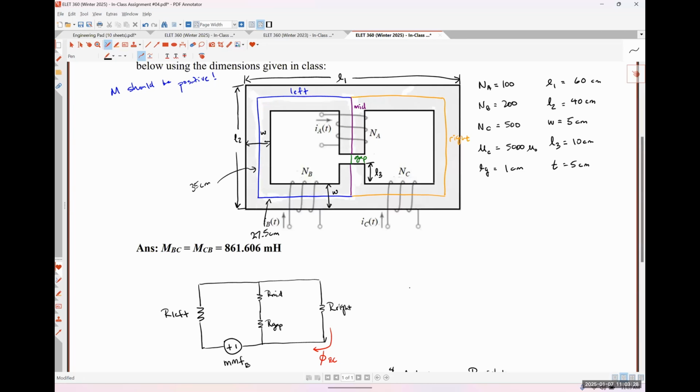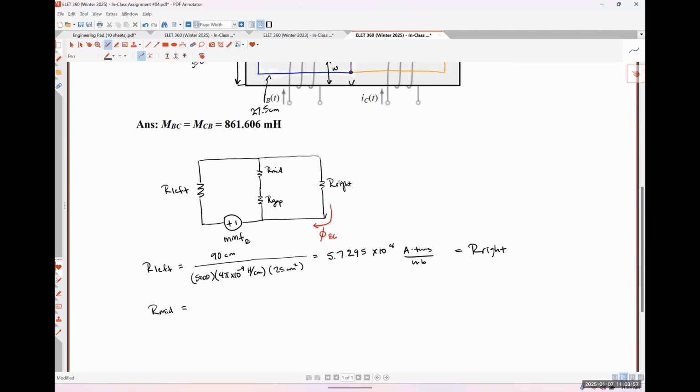I don't know that L3 was even needed if we approach it that way. So I'm saying that we have a total length of L2 from here to here. Then we would take away half a W on each side to get us the distance from here to here, and then we subtract the gap.